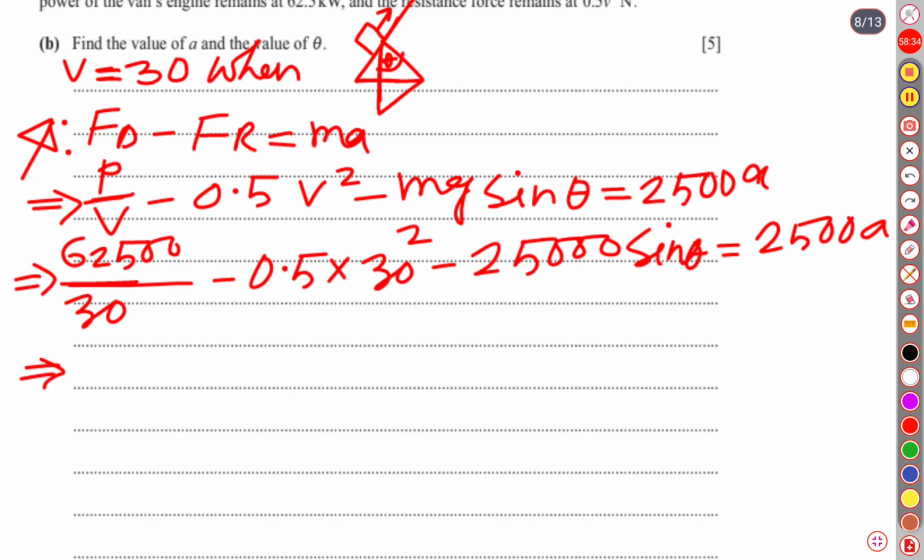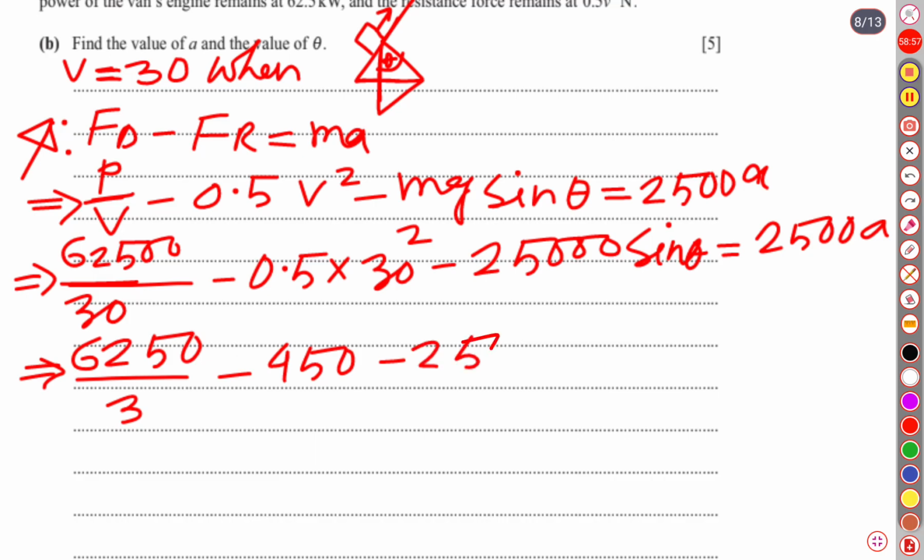Then if we simplify more, this is not absolutely divisible. So what we can do is only by 3 we can, one 0 can be dissolved, so it is going to be 6250 over 3 minus, this is 900 into 0.5, that is 450 minus 25,000 sine theta is equal to 2500 into acceleration.